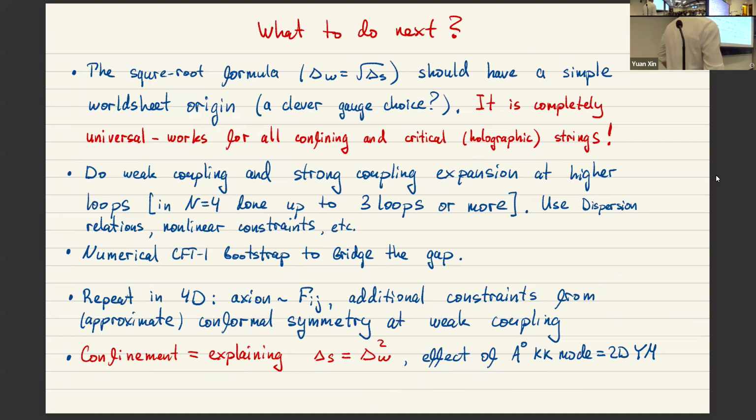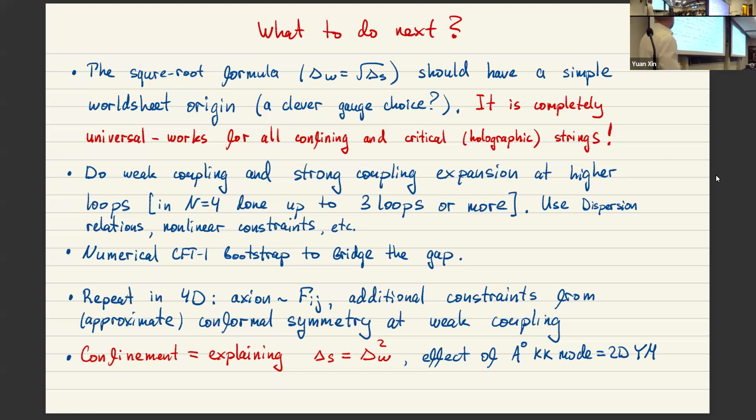Okay, so the first thing is that the square root formula, I'm pretty sure, should have some very simple worldsheet origin, probably coming from some clever gauge. And I want to emphasize that the formula is completely universal. It works for all confining strings and also critical strings in AdS, which are holographic. So the only condition here is some large N gauge theory UV completion.